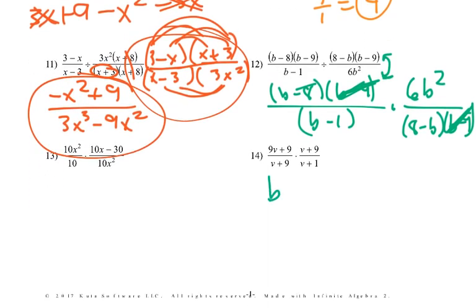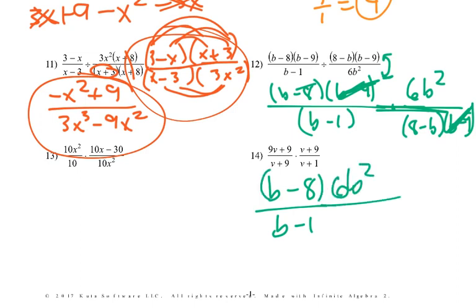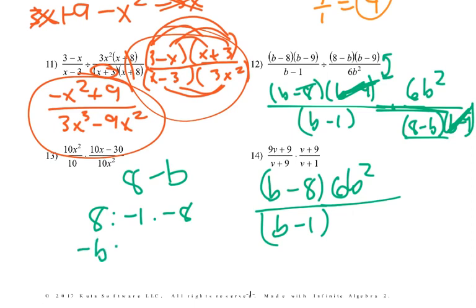So I'm left with b minus 8 over b minus 1 on the left side, but we are multiplying, so can make it just one big fraction, 6b squared. Then this 8 minus b, 8 is like negative 1 times negative 8. Negative b is like negative 1 times b.